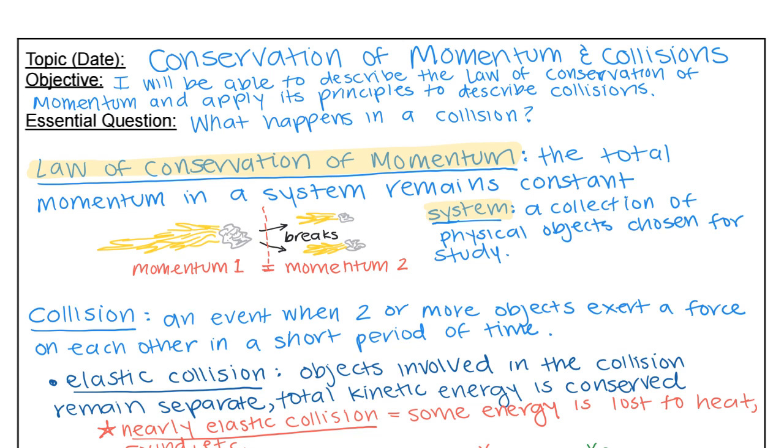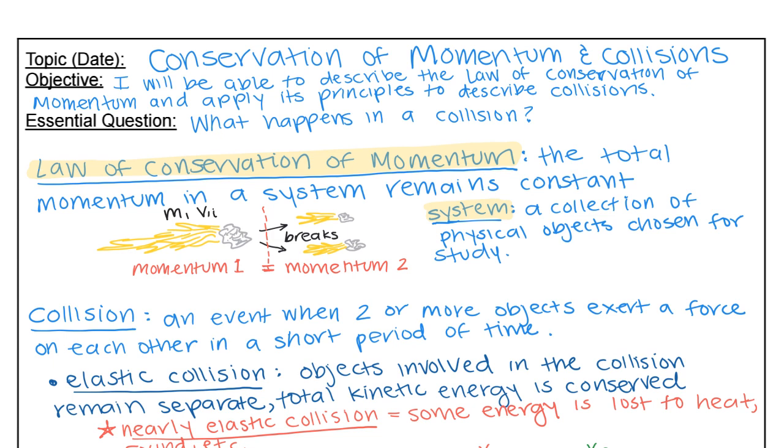So in this example, maybe we have a comet in our solar system, and it has a certain momentum, right? It has a mass and it has a velocity. So we'll label that mass 1 and then velocity, and we'll say that that's our initial velocity. So again, I'm just using these variables to describe what's going on in the system.